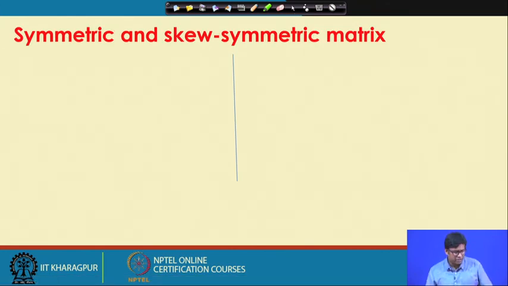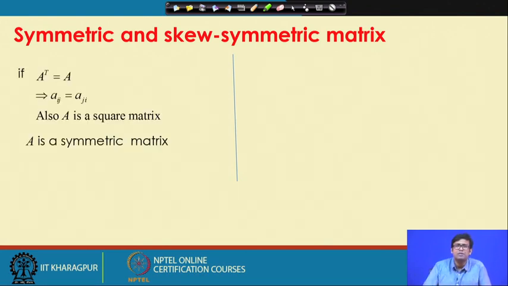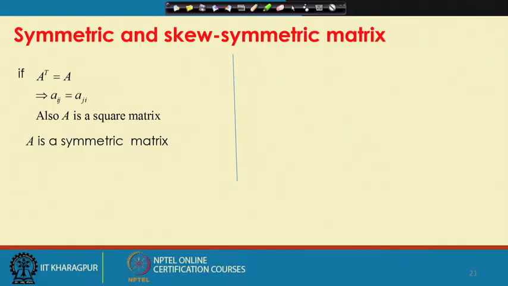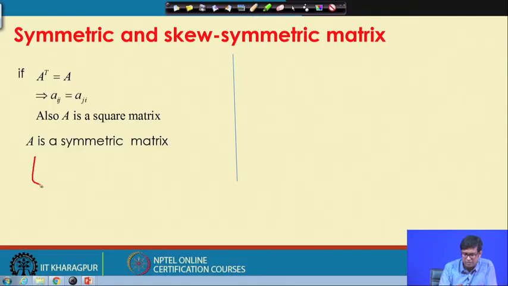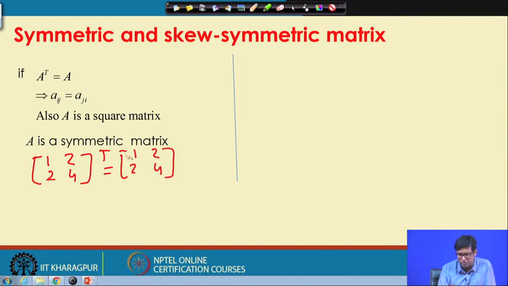There come two definitions, symmetric and skew symmetric matrix. A symmetric matrix is nothing but a matrix which is itself its transpose, that is, all elements A i j are the same as the elements of A transpose, where the row and column indices are changed. We can have a simple example: if we take a matrix like 1, 2, 2, 4 and get its transpose, we get 1, 2 and 2, 4, which is the same matrix.